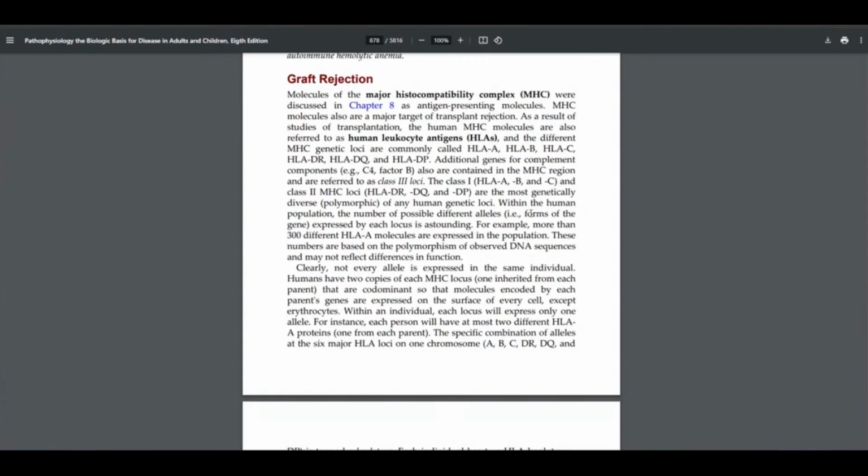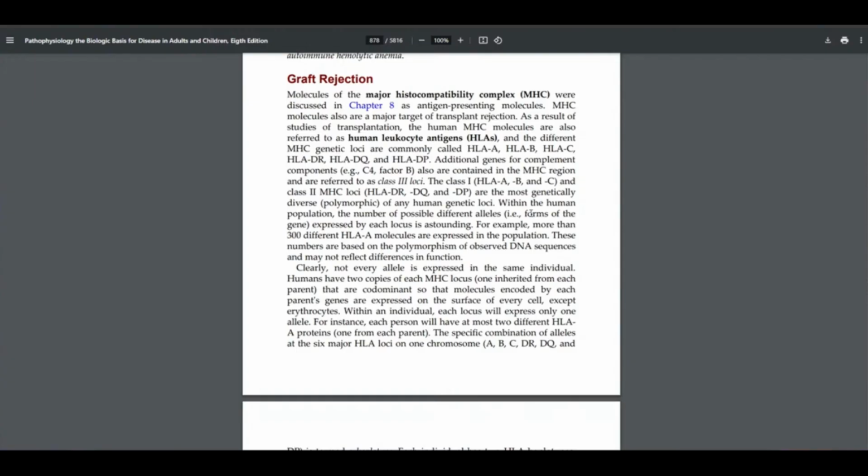Okay, graft rejection. Molecules of the major histocompatibility complex, MHC, were discussed in Chapter 8 as antigen-presenting molecules. These major histocompatibility complex molecules are also a major target of transplant rejection.